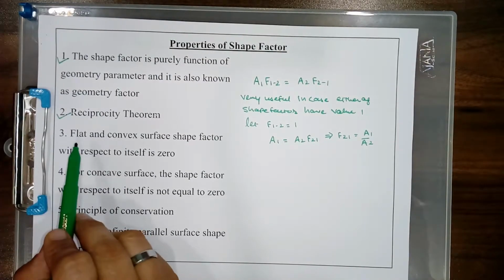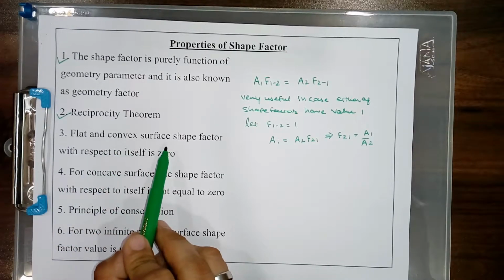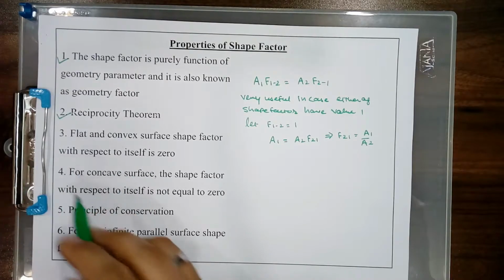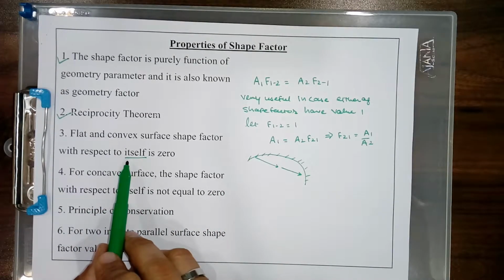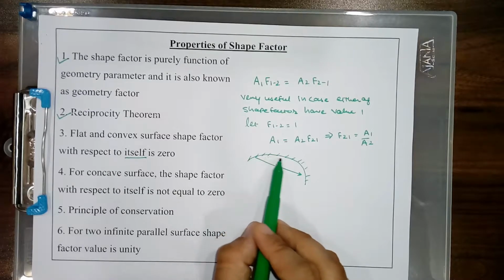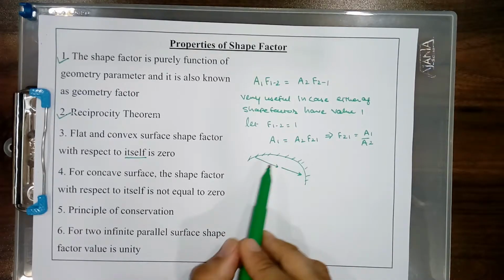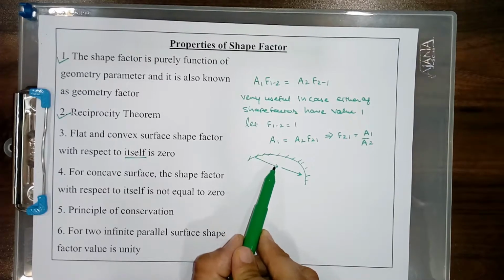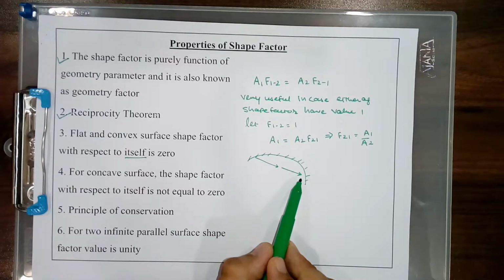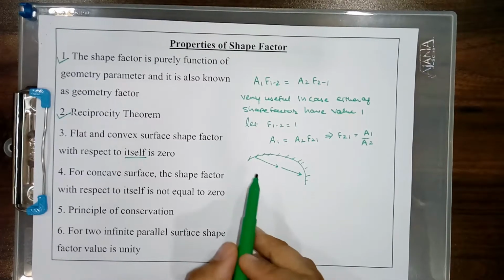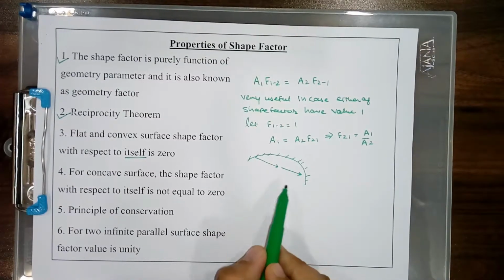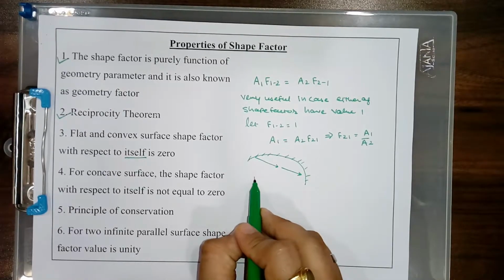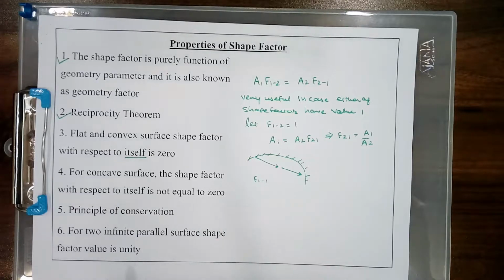Then third, flat and convex surfaces: the shape factor with itself is 0. Let me clarify the word itself. In some of these surfaces, let's consider this surface 1, the emission is falling from the surface on itself. So some fraction of the energy leaving the surface is incident on the same surface, and that's why the shape factor with itself is there.